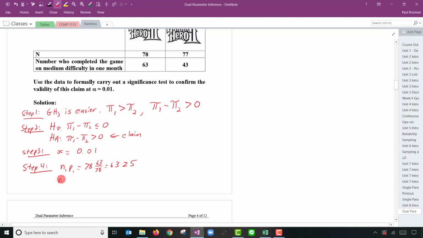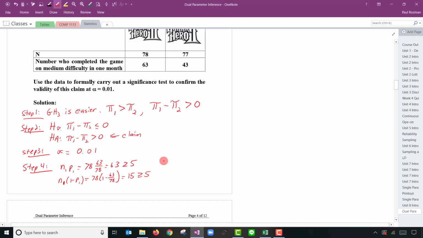And then we have to check if n1 times 1 minus p1 is also greater than or equal to 5. So 78 times 1 minus 63 over 78, and that will be 15, because it has to add up to 78. Also greater than or equal to 5. So we're feeling pretty good so far.